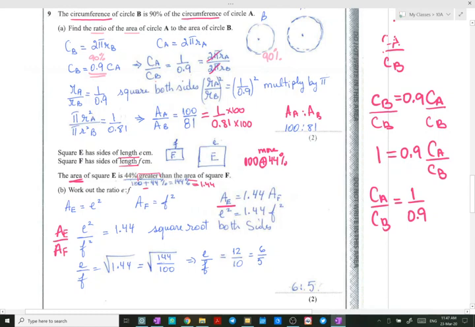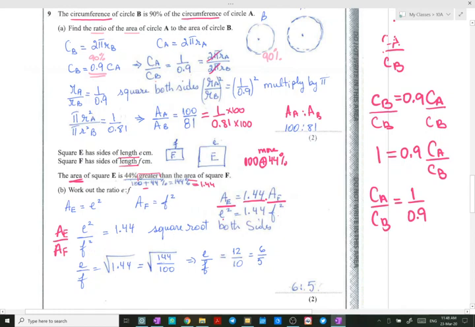So 1.44 multiplied by the area of square F. This is how we replaced the value of the area E squared; the area of square F is F squared, and therefore E squared over F squared is 1.44.